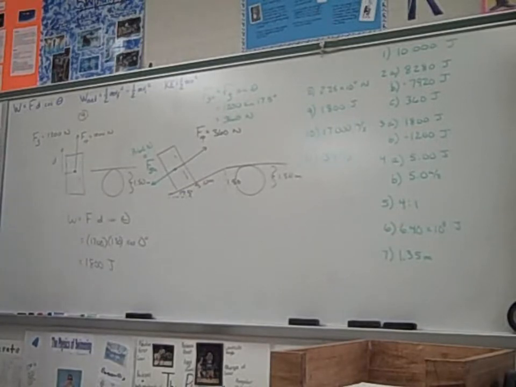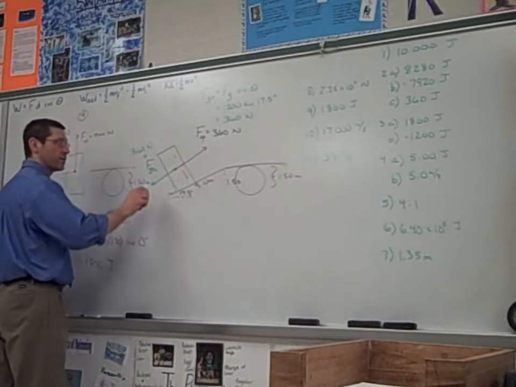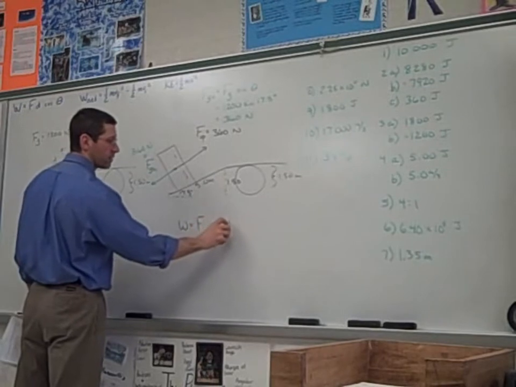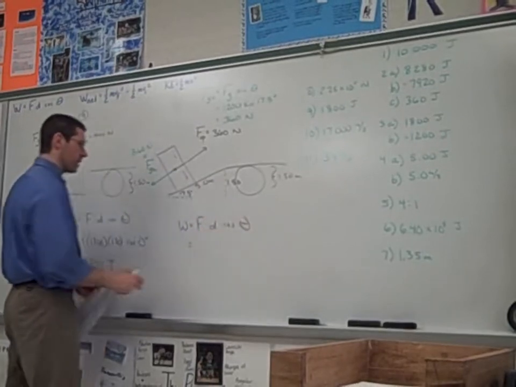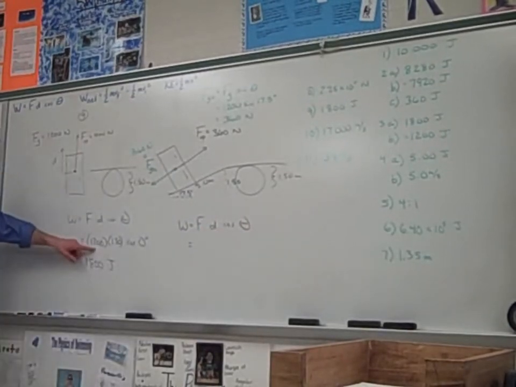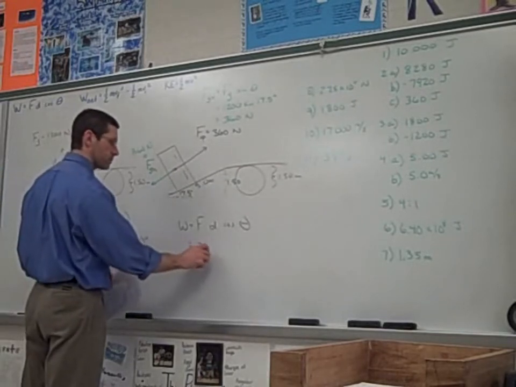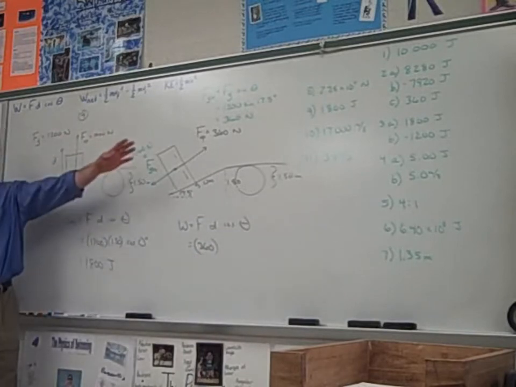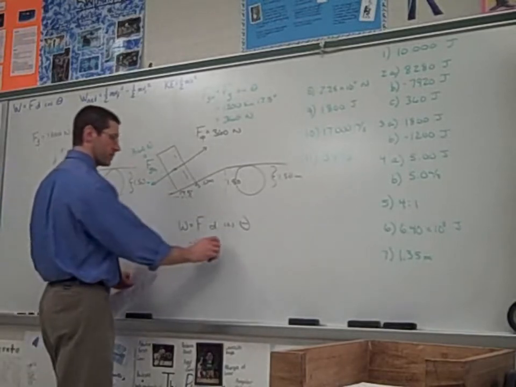Now, let's figure out the work they do to move it 5 meters with 360 newtons of force. So Fd cosine theta. Now, instead of using 1,200 newtons to lift it, they're only using 360 newtons. But they're applying that 360 through the length of the ramp, through 5 meters.